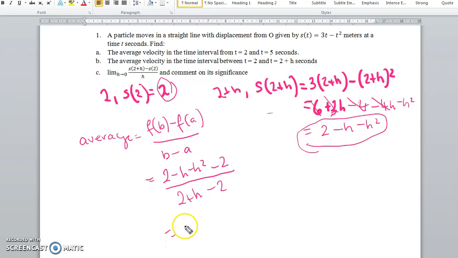We can simplify this a little bit, so it's negative h minus h squared over h. Taking out the common factor, we're left with negative 1 minus h.